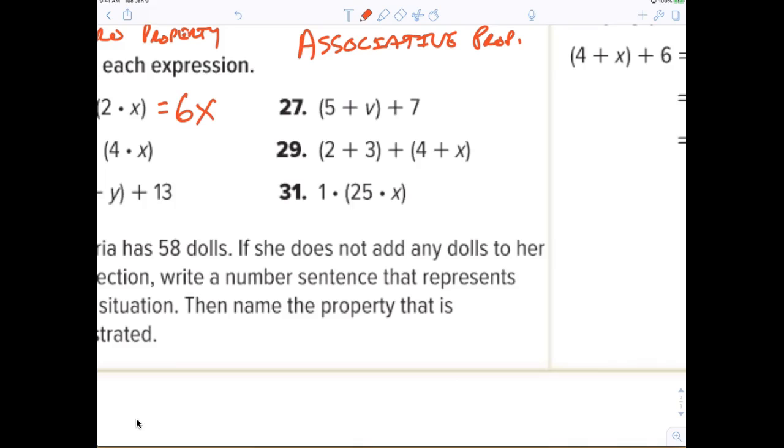You're next. 27. So what is it? We're simplifying. Grouping things together and adding them.